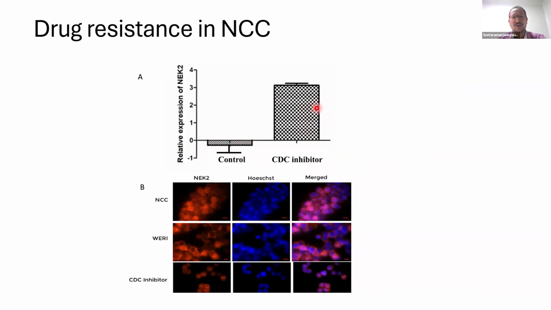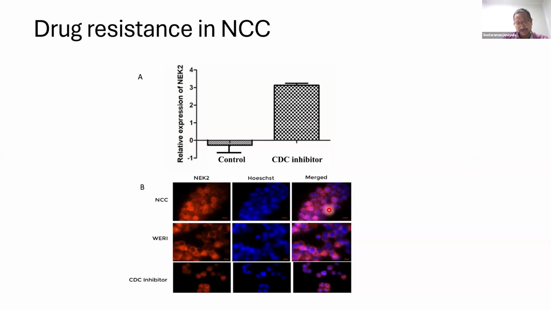Then we moved to fluorescence. In the figure, you can see the stained NEK2 protein in NCC and in WERI, and also stained nucleus. The presence of NEK2 in the nucleus is known to be more problematic and deadly to the cell than its cytosolic presence.